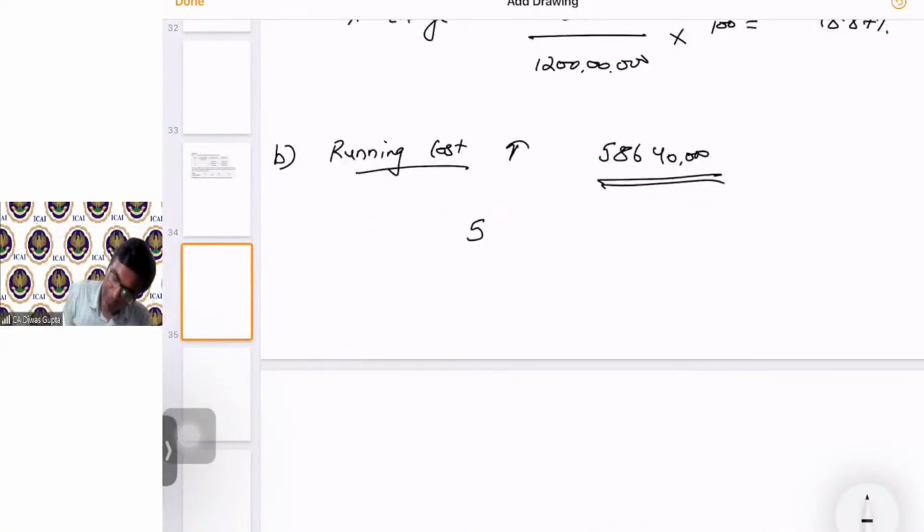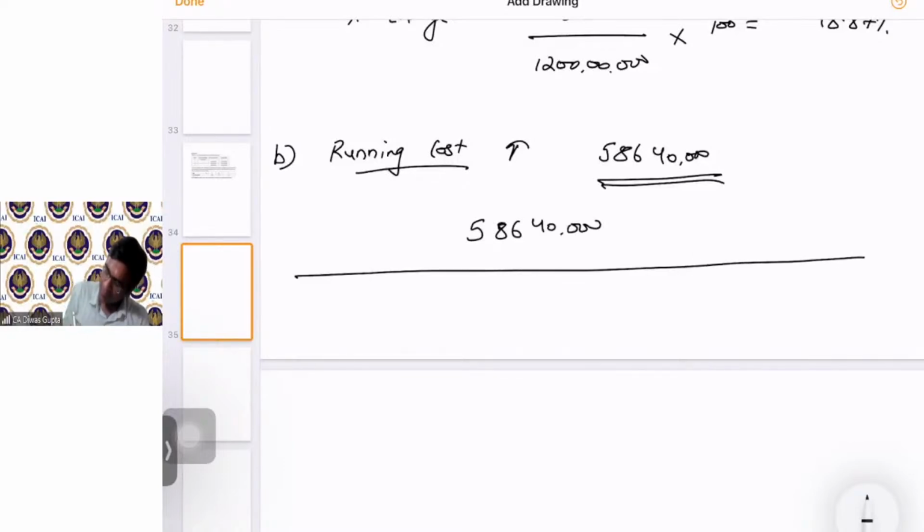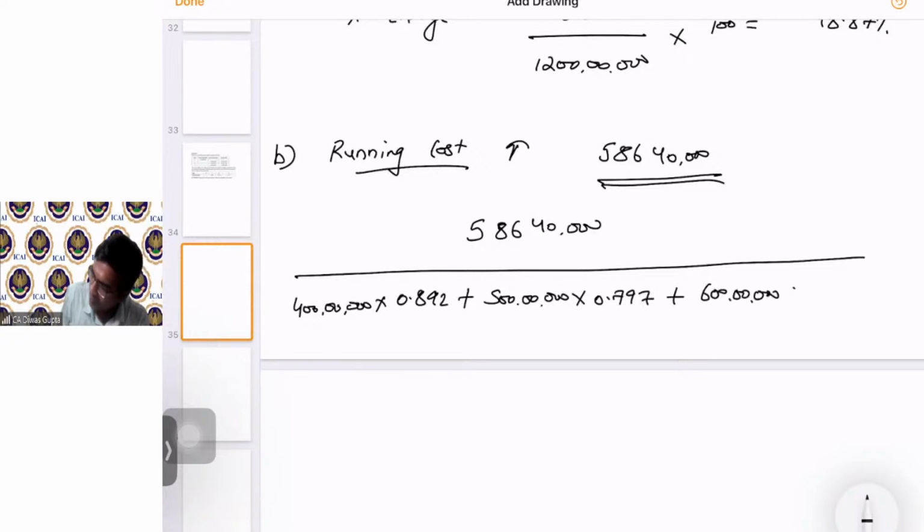So the calculation will be 5 crore 86 lakh 40,000 divided by 4 crore multiplied by 0.892 plus 5 crore multiplied by 0.797 plus 6 crore multiplied by 0.711.